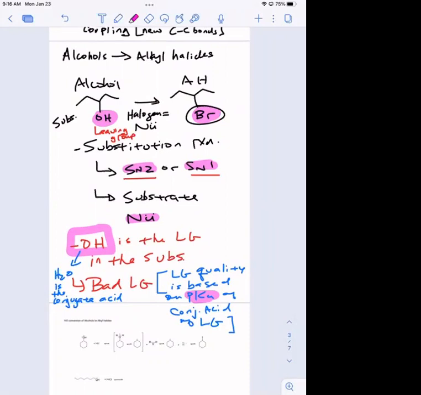Because it's a bad leaving group, without converting it to something better, the reaction won't happen. It'll just sit. You may get a little bit of reactivity, but not a lot. Any questions before we move to this first reaction, converting alcohols into alkyl halides?